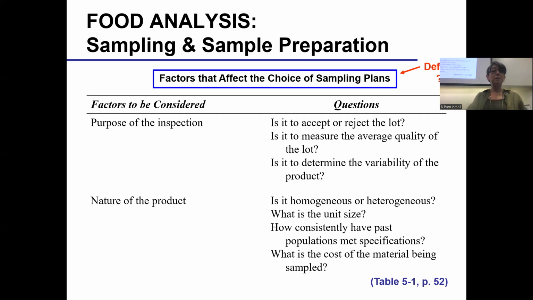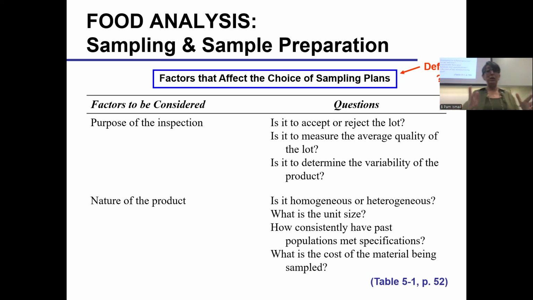And here, some of these factors that impact your choice of a sampling plan are intuitive, right? So what is the purpose? Am I sampling to accept or reject the lot? This is often when you're looking at a particular characteristic, is there a defect or number of defects that makes this lot not acceptable to the consumer?